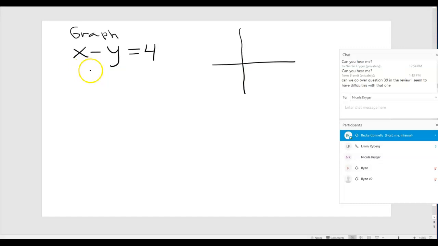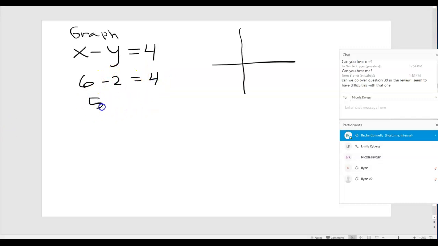Uh-huh. Yeah, there can be an infinite amount of possibilities. So you just need to pick two or three to put on your graph. So yeah, 6 minus 2 gives us 4.